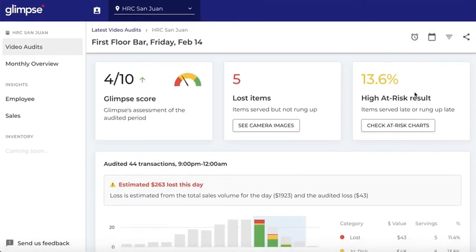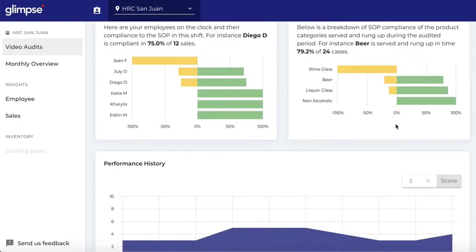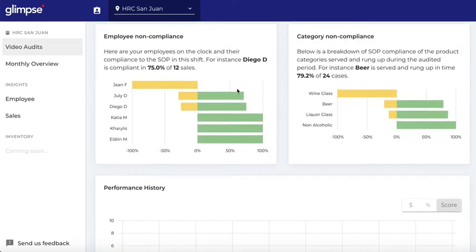Equally, if you were looking to assess why the score was, in this case, high or very good, good, or very high, you may click on the button and get some additional insights. On the left side, it tells you which employees had the most non-compliant transactions, practically outside of the time window that you allocated as a good standard operating procedure for serving and recording the drink on the point of sale.